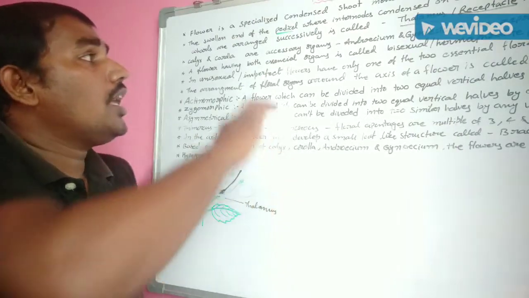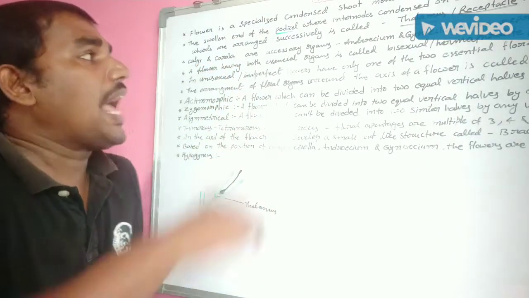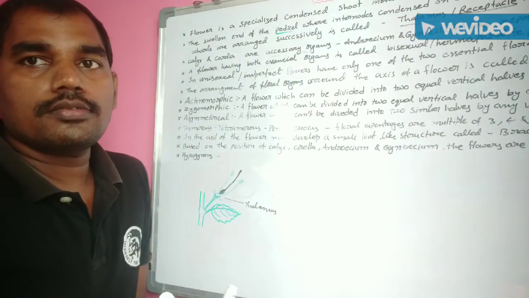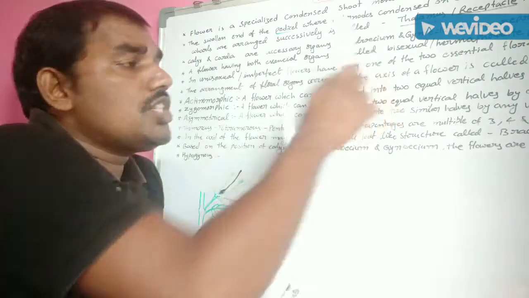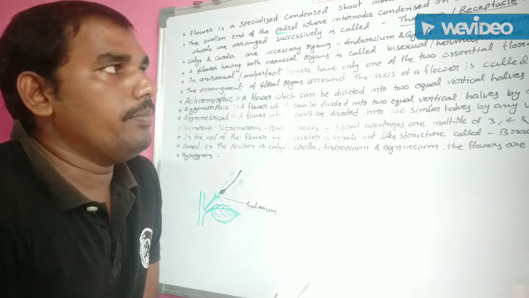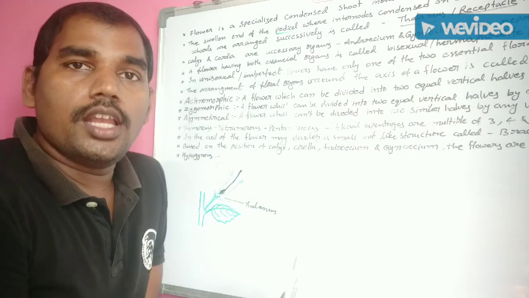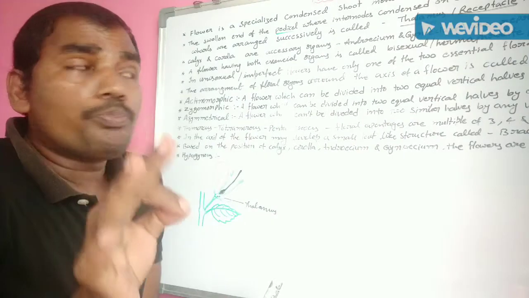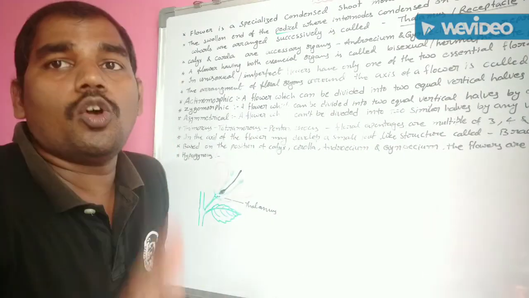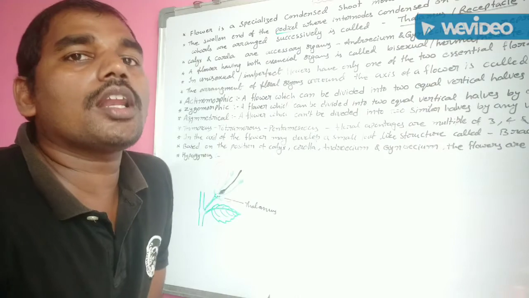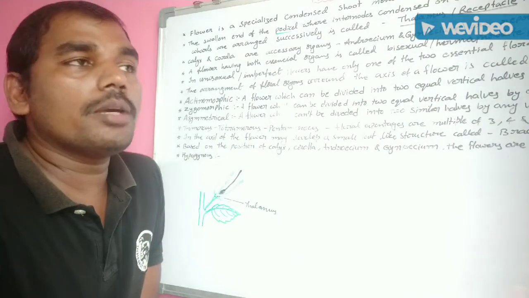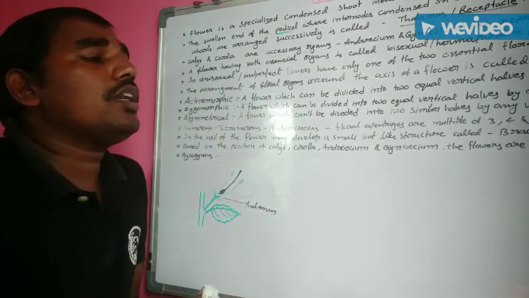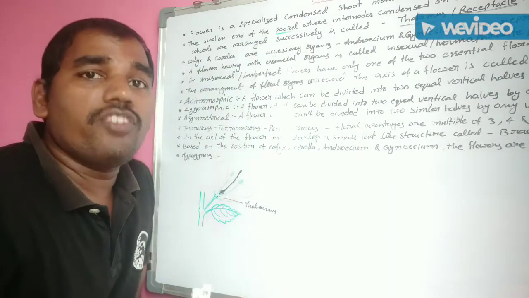Next, androecium: anther, filament; gynoecium: stigma, style, ovary. Both androecium and gynoecium are the reproductive organs or essential organs. These are the main important reproductive parts in a flower.